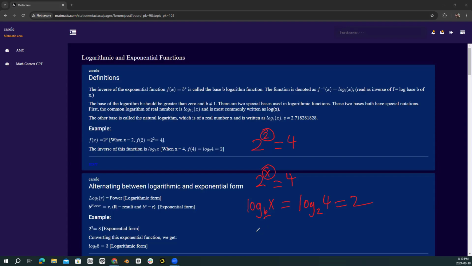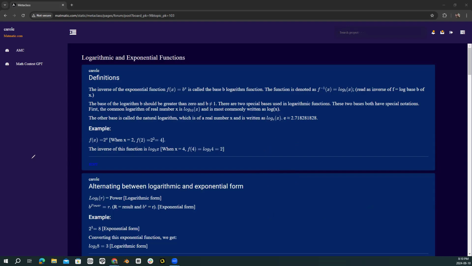So the base of the logarithm function can essentially be any number greater than 0 and not equal to 1. But there are two special bases that you should remember, that are used in logarithm functions. And these two bases both have special notations.